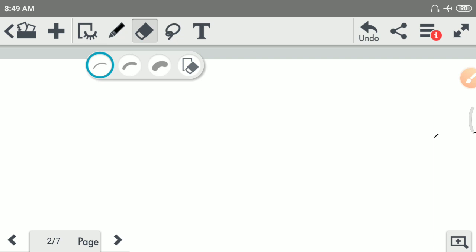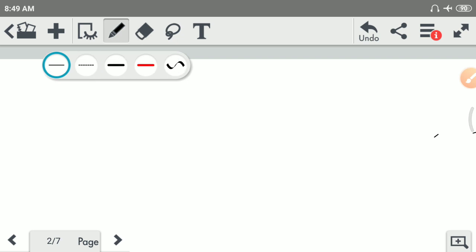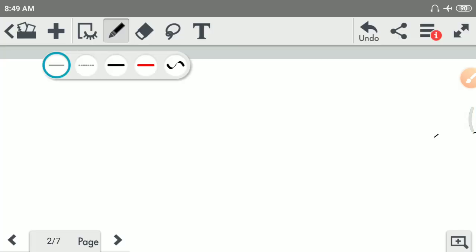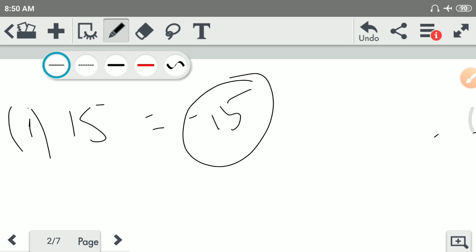So bit 1 is what, student? 15 with opposite sign. This is positive, you need to write it in negative form, so you will get minus 15 as your additive inverse.